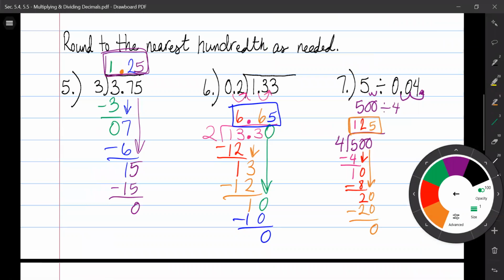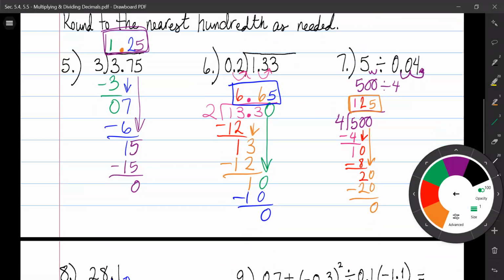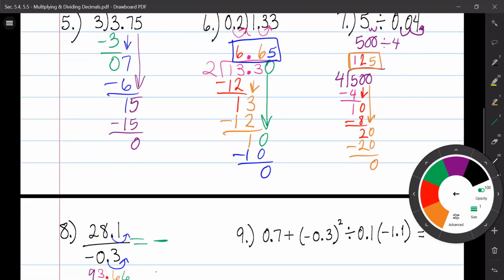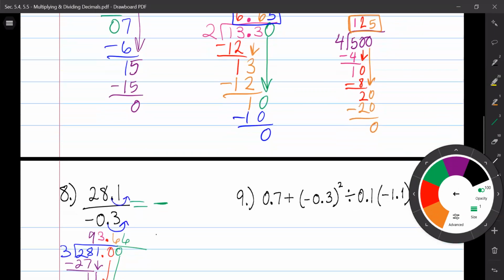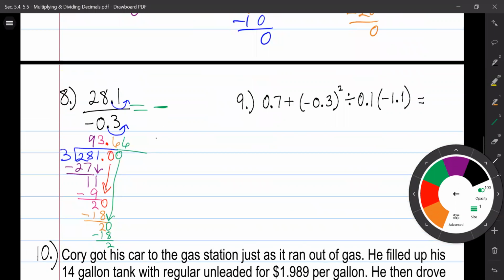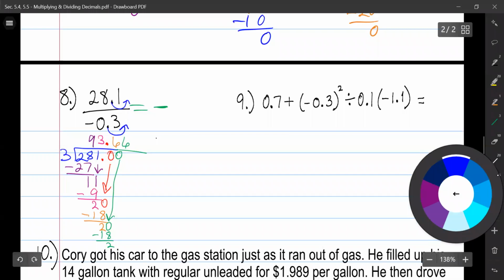So what that means is I have to keep going until I get to the thousandth place, and then I can stop and round off the answer. So do one more. 3 goes into 20 6 times. Okay. So now I can stop and I can round it off, which is going to end up being 93.67. So my final answer is negative 93.67.